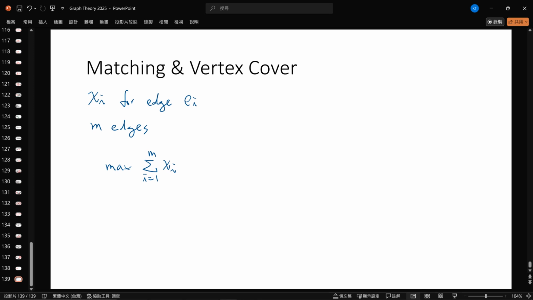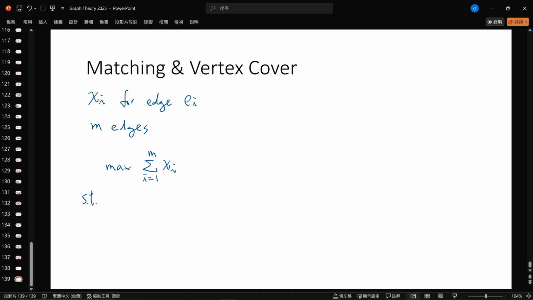Because we have m edges, we consider x1, x2 up to xm. And the constraint is that for every vertex, at most one of its incident edges is chosen.